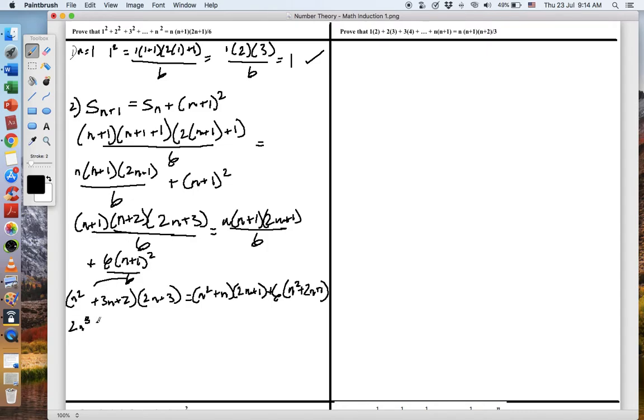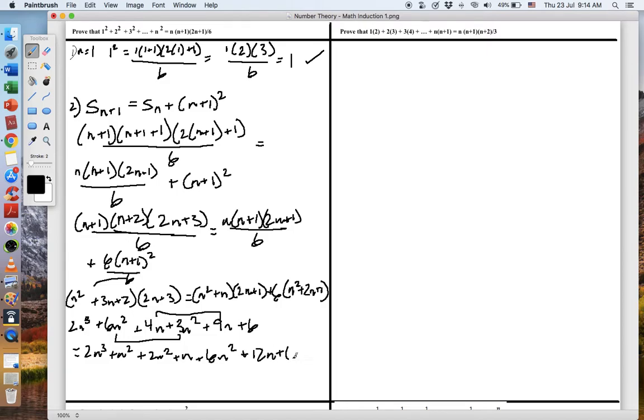We get 2n cubed plus 6n squared plus 4n plus 3n squared plus 9n plus 6. Then we're going to have to combine like terms here, and that's all equal to 2n cubed plus n squared plus 2n squared plus n plus 6n squared plus 12n plus 6.